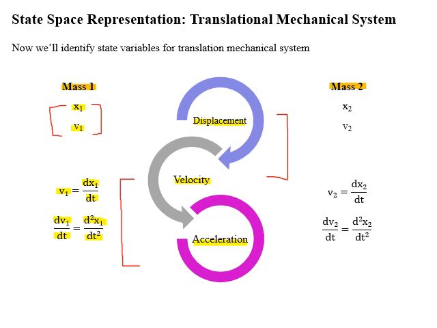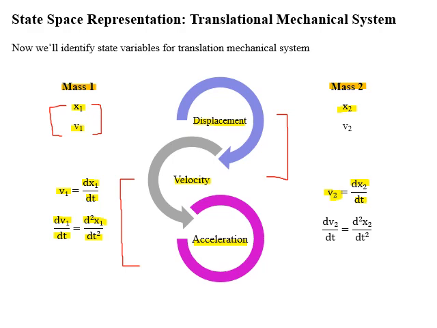Now for m2, its displacement will be represented by x2, and its derivative, which is dx2 over dt, will represent velocity. For velocity, we will also use variable v2. So v2 equals rate of change of x2.